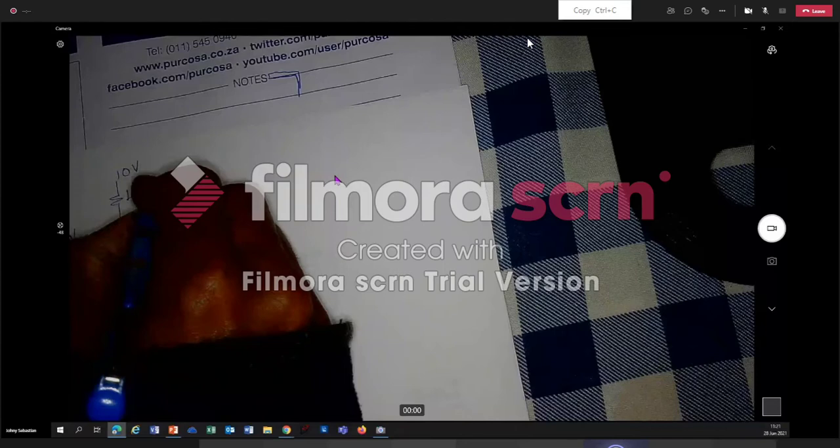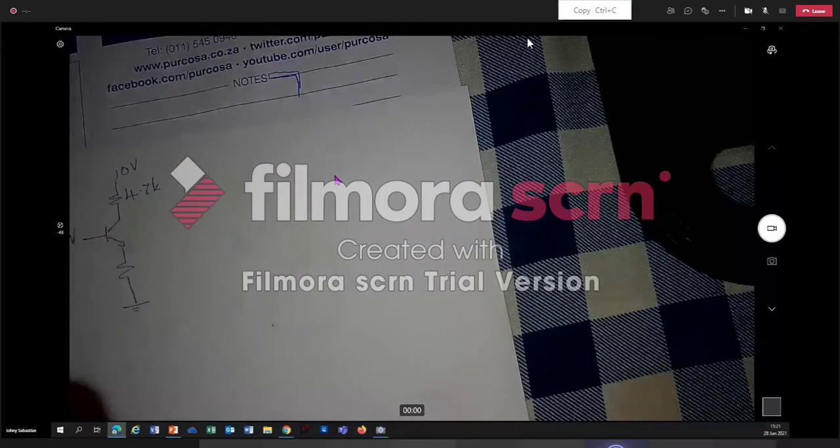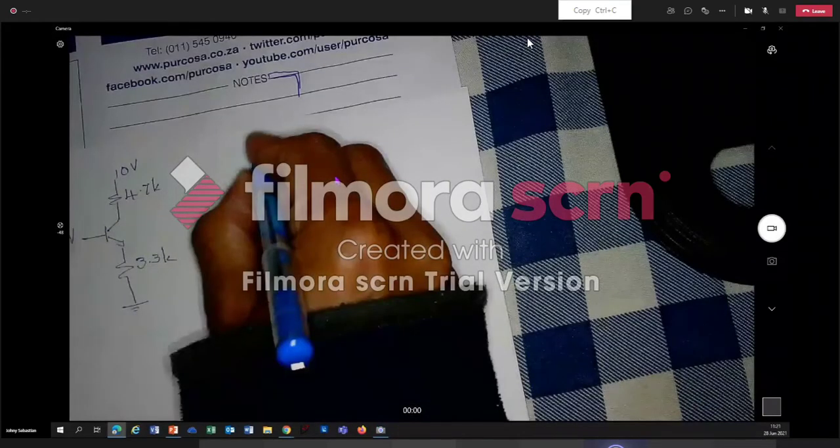So, how do you work out the value of beta? It is given.